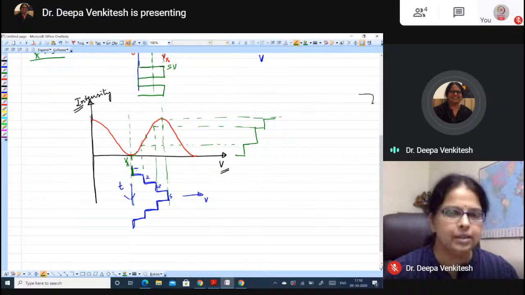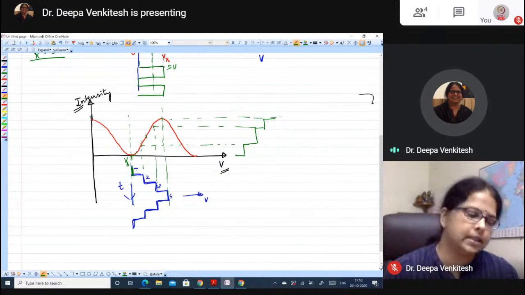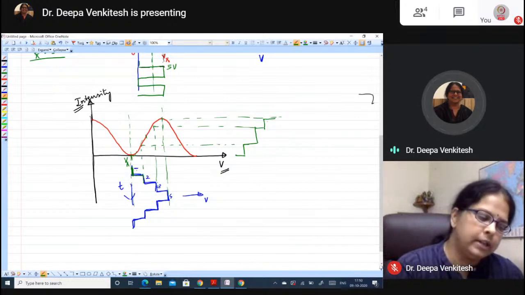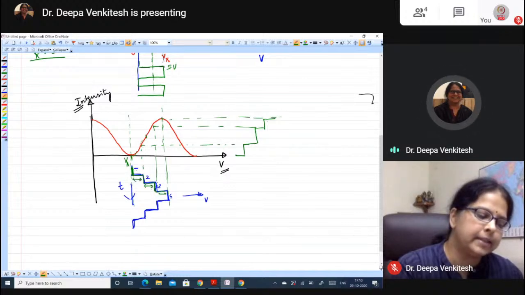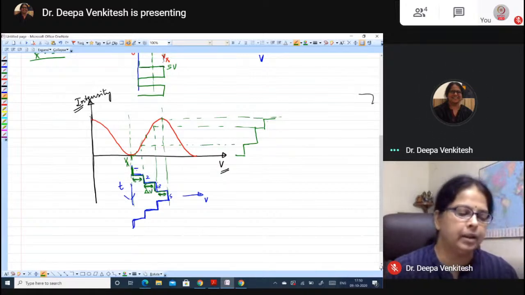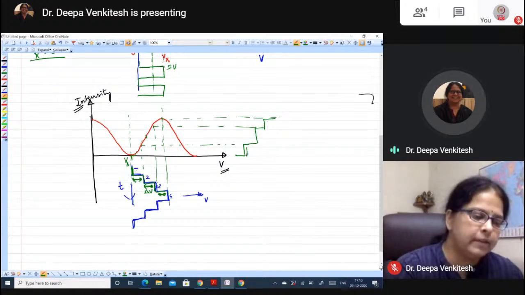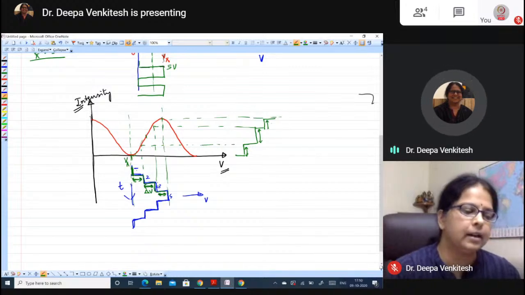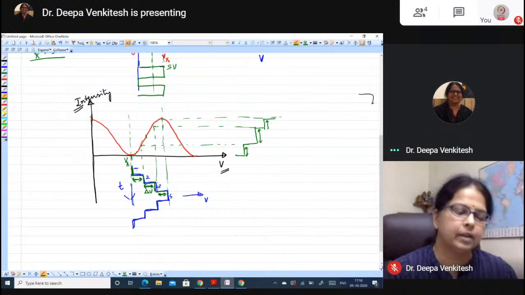The other interesting consequence here, if you notice, is that even though the levels here are equally spaced, let's say this voltage spacing is all delta V, at the output, even when you were drawing the schematic, you found that the output is unequally spaced.